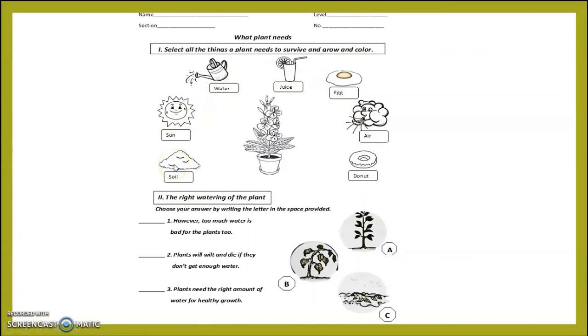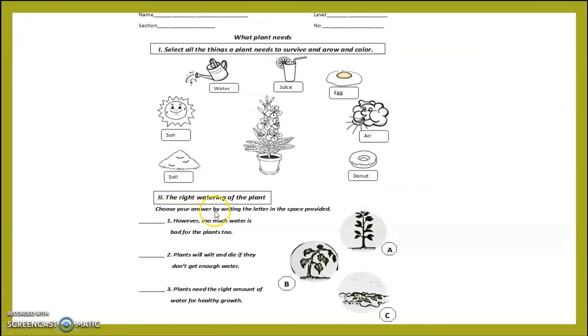Alright, so all you need to do is select. For example, if you select the egg, you can write check. If you select the juice, you can write check. Alright? Very good. And now, the second direction, number 2: the right watering of the plant.